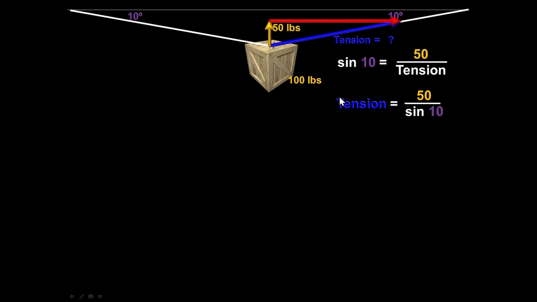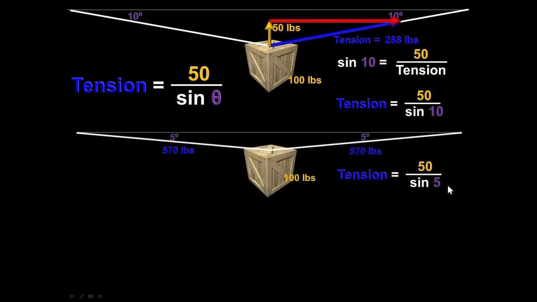We're going to multiply both sides by the tension, divide both sides by the sine of 10, and we get 288 pounds. When these ropes only sag by 10 degrees, you have to pull with 288 pounds that way and 288 pounds that way to be able to lift 100 pounds that way. All right? And that's just the equation we're going to use for the rest of these as well.